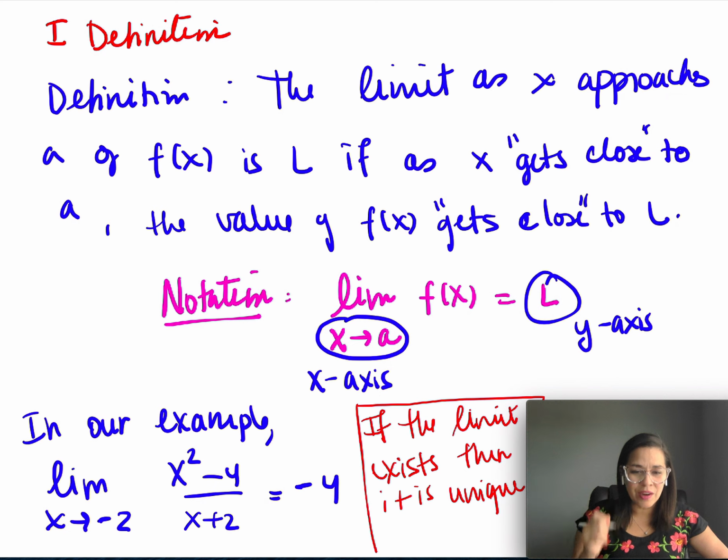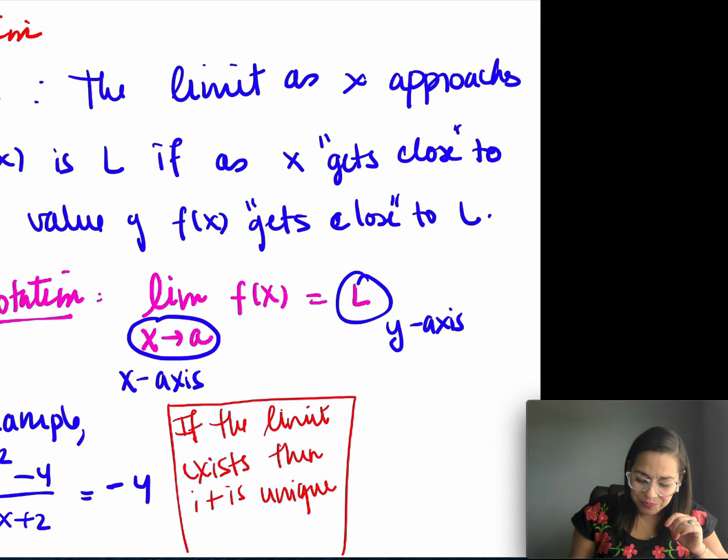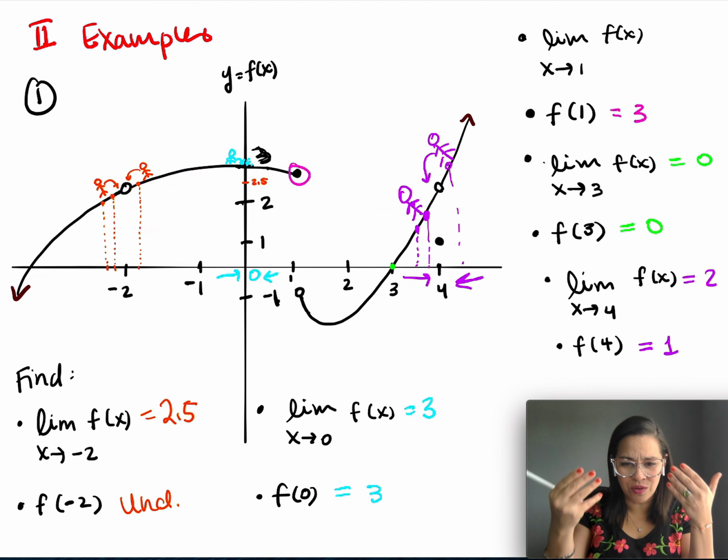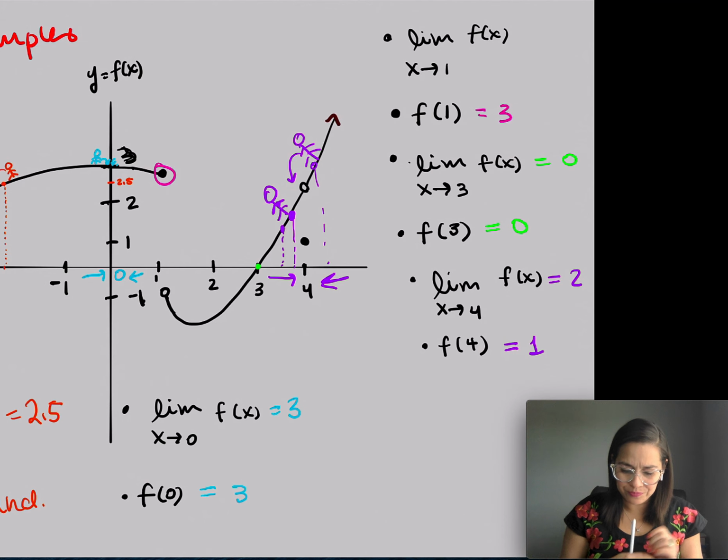Okay? If the limit exists, then it is unique. Big deal, okay? So now I'm going to take a little break from this so that I can give you a new definition. Check this out.